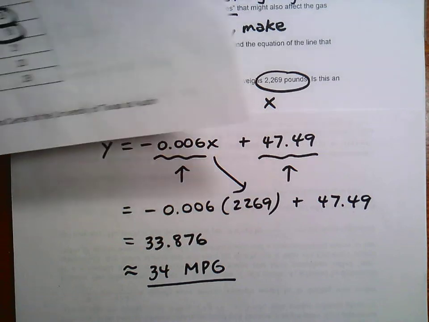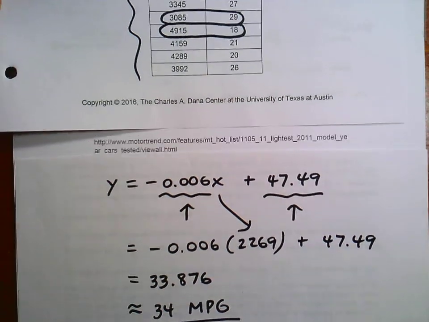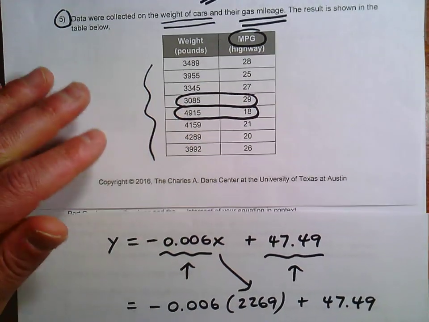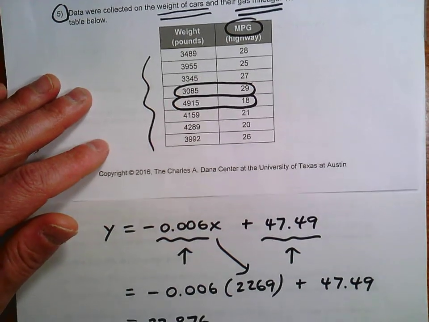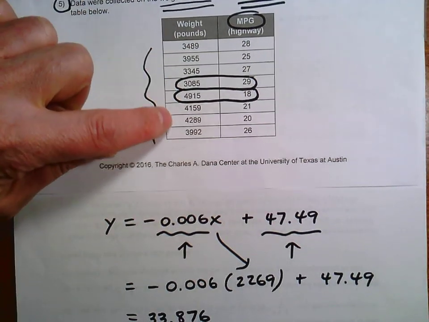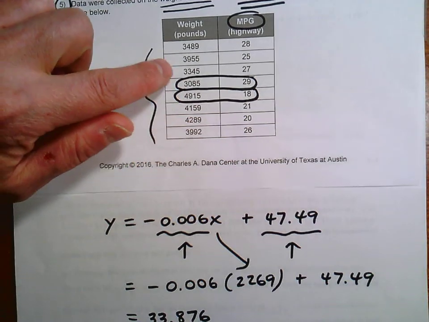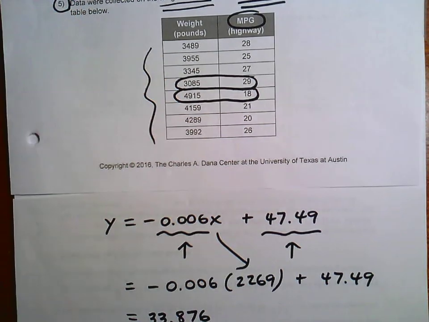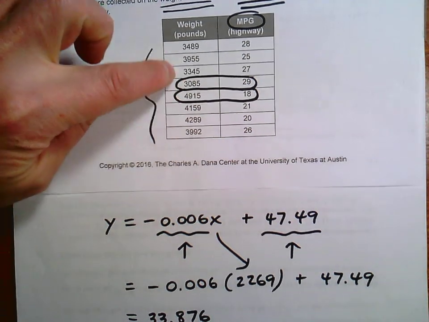So if you look at the table, our input variable for this one was 2,269, and if you look up here for the weights, we have nothing even close to 2,269. So this is an example of extrapolation because it's outside of our range.